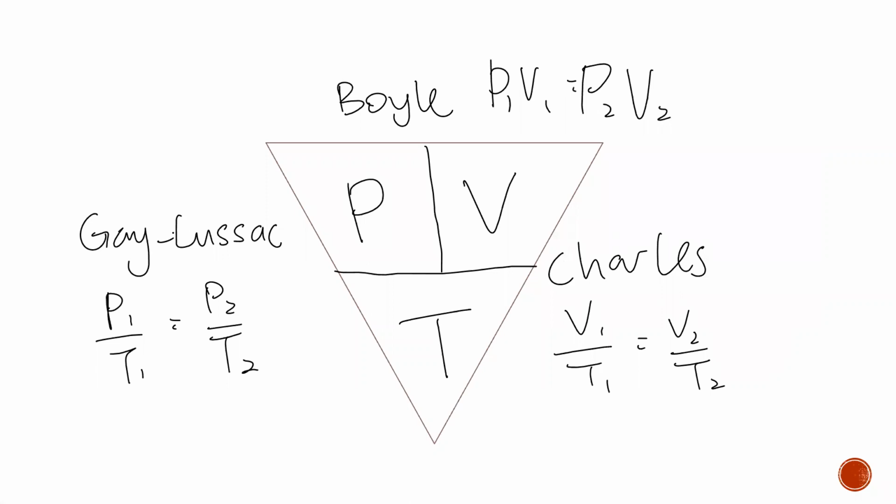These are the three gas laws. Number 1, Gay-Lussac, number 2, Boyle's law, number 3, Charles' law. So this triangle will help you to memorize their formula. Normally I would draw an inverted triangle first.